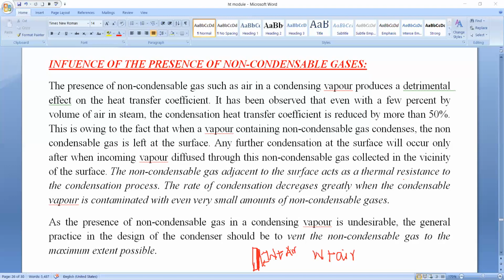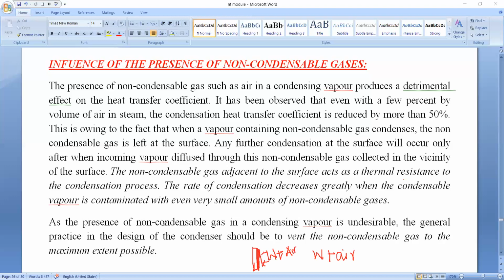The rate of condensation decreases greatly when the condensable vapor is contaminated, even if a very small amount of non-condensable gases is present in the vapor.